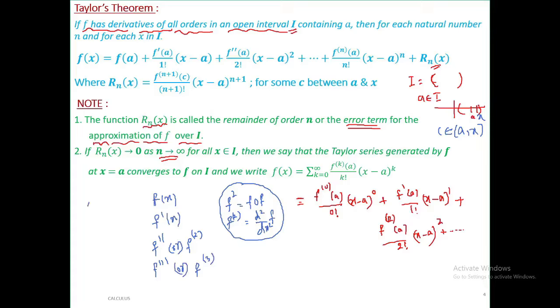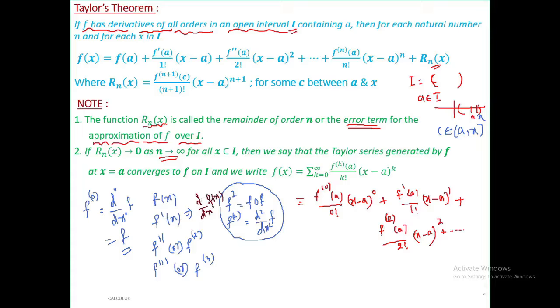So now what is the zeroth derivative of f? It means d0 by dx0 of f. No derivative. No derivative means what? The function itself, f only. You are not taking any derivative. One time derivative means d power 1 by dx power 1, one time derivative of f of x, because it is one time derivative.